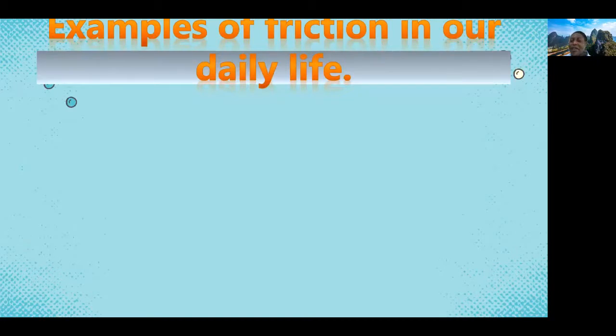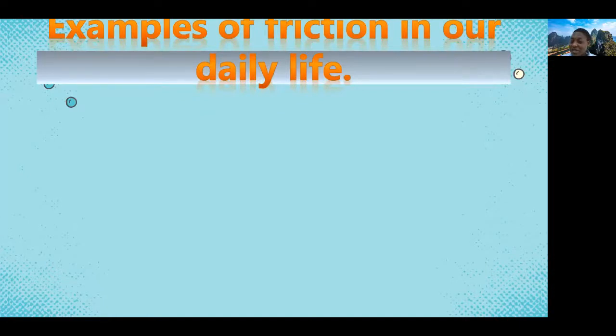Very good. Now, what we are going to talk about is examples of friction in our daily lives. There is something you can do at home and you don't know you are applying friction. You are learning friction, but you don't know that that is friction you are doing. So in our daily lives, there are some things we do, and that is what we call friction.